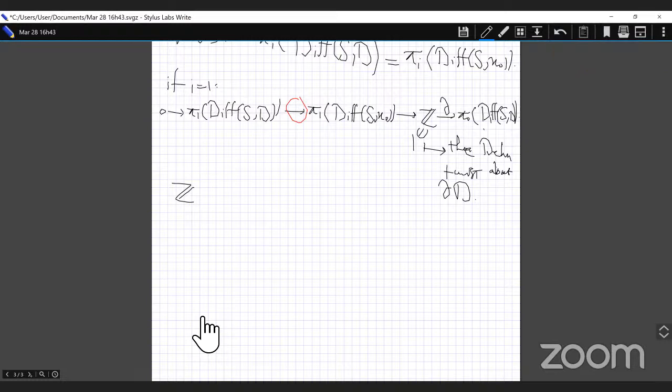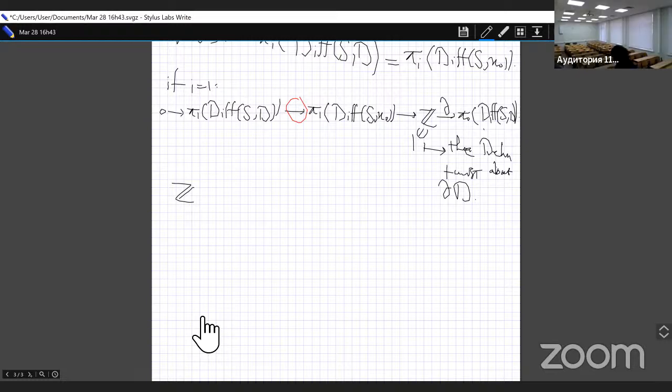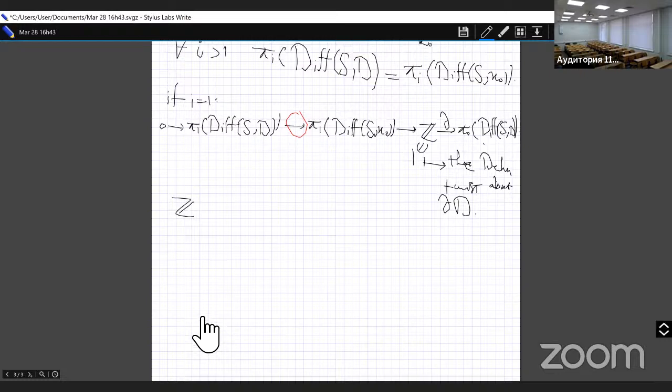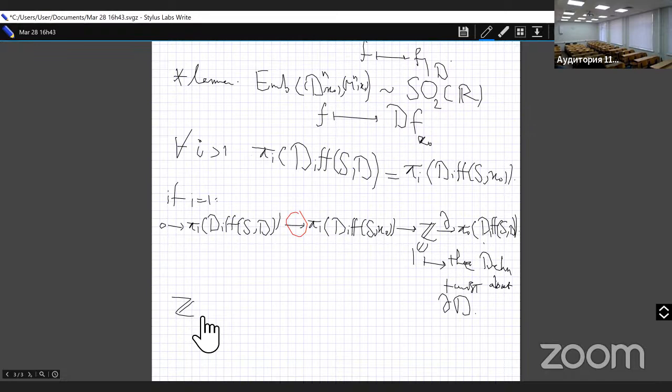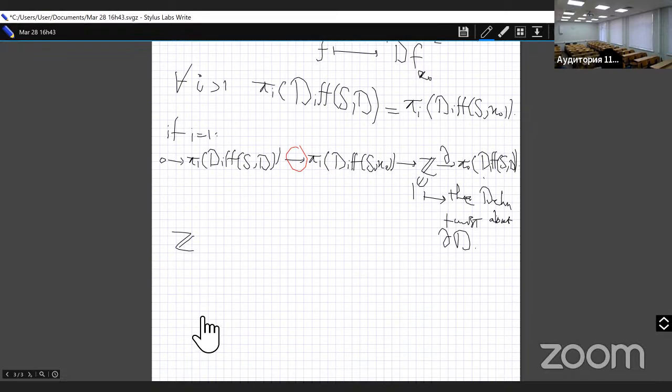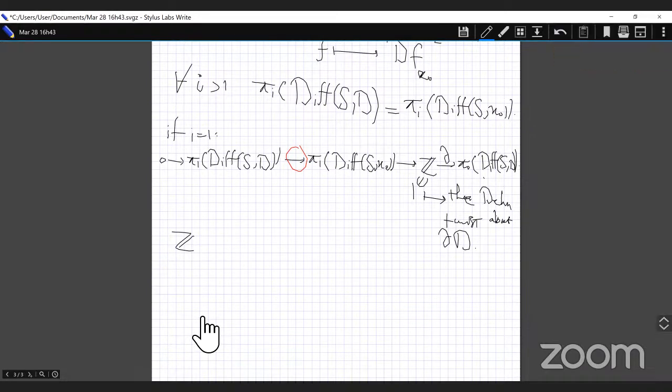Basically, it's not GL2. It's better. It's even SO2. Okay. Now, yes, so we may assume that all those matrices are orthogonal, in which case, well, is it SO2 or O2?